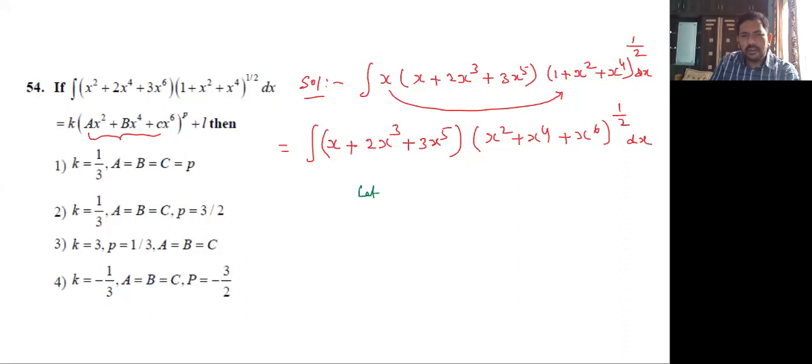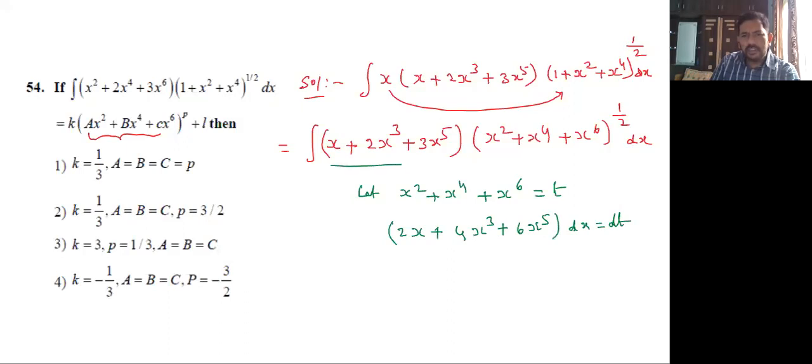Let x square plus x power 4 plus x power 6 be some constant t. Apply the differentiation: 2x plus 4x cube plus 6x power 5 dx is equal to dt.